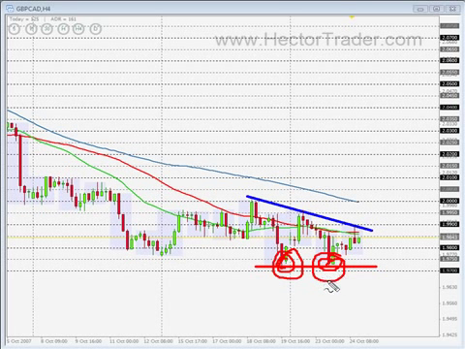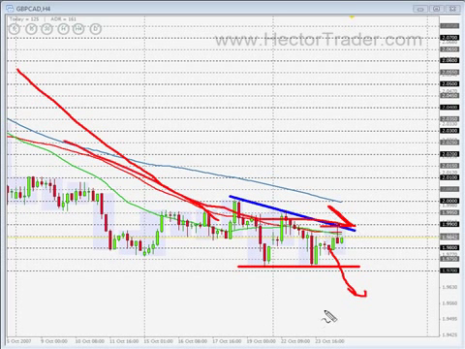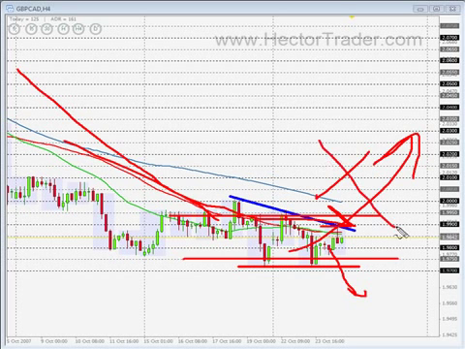So basically, since we are in a downtrend, the most expected move should be a breakout to the downside, in the direction of the main trend, in the direction of those moving averages. Should this consolidation area break to the upside, I would have to cancel the whole thing.